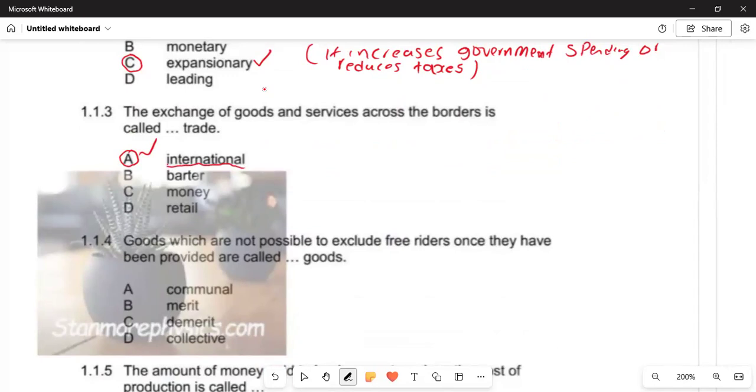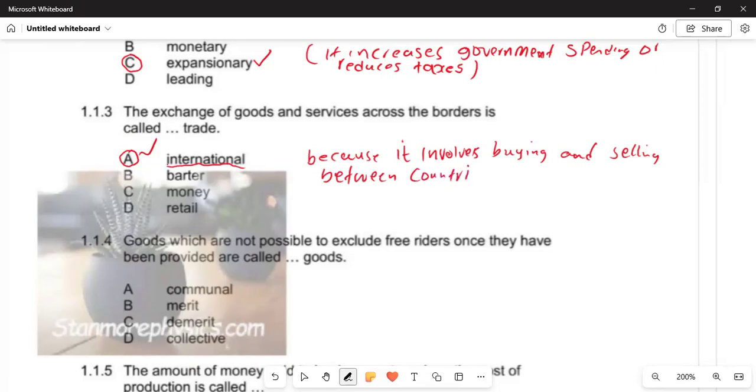It's international trade because it involves buying and selling between countries, not just within one country.